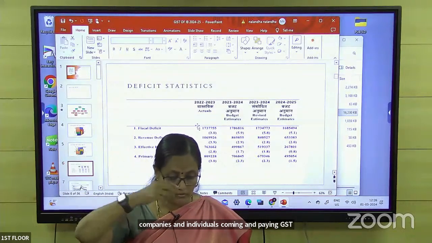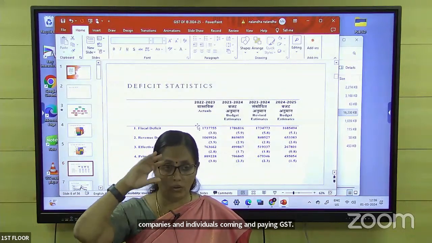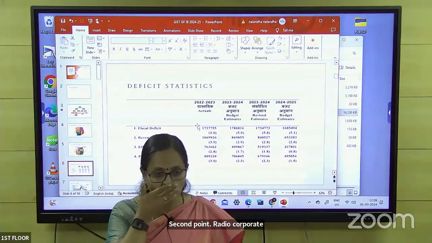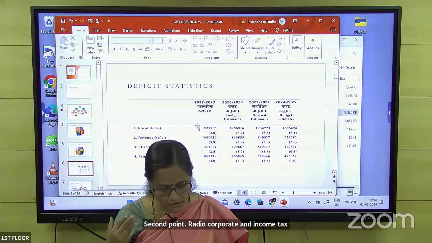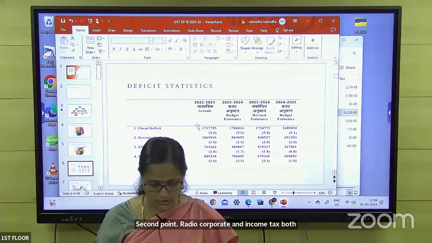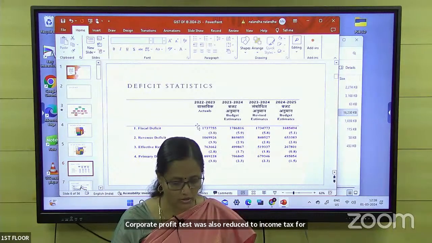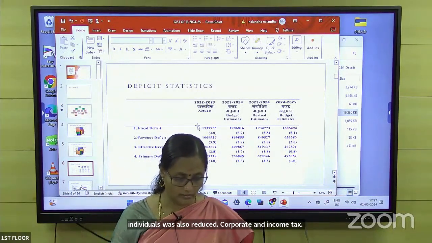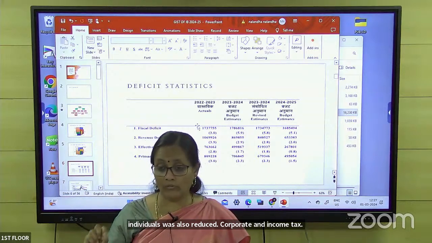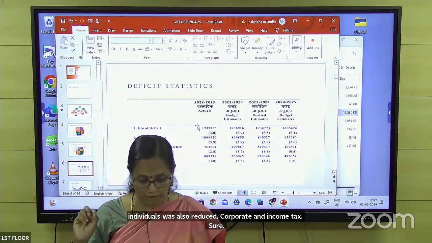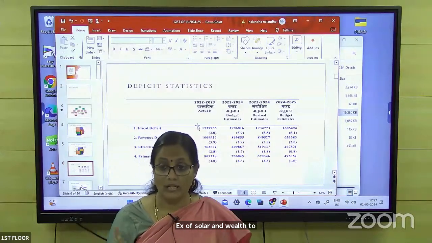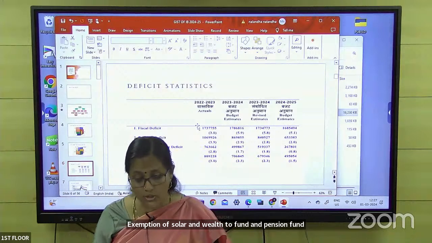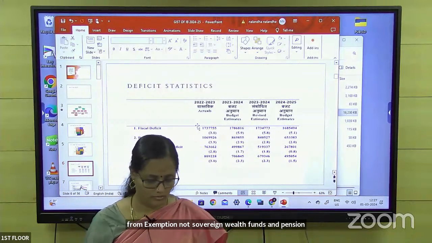Second point: reduced corporate and income tax, both. Corporate profit tax was reduced, and income tax for individuals was also reduced. Third, exemption of sovereign wealth funds and pension funds from taxes.